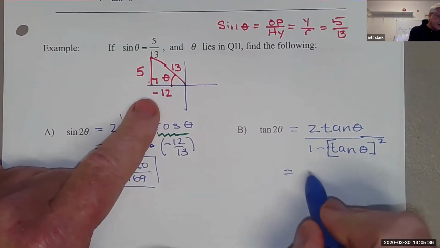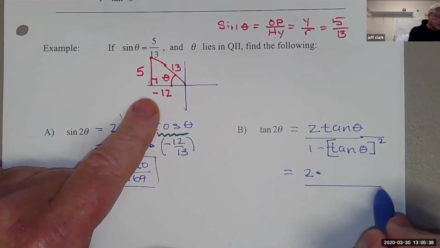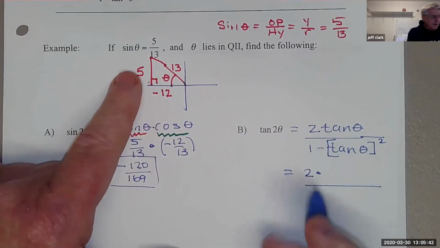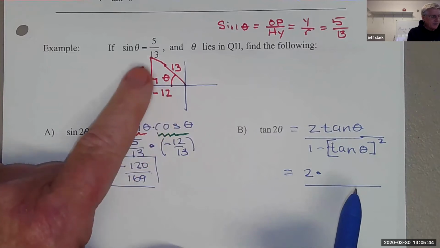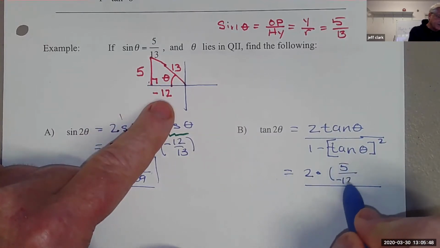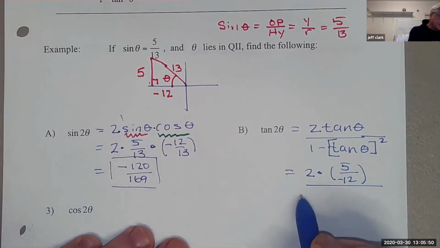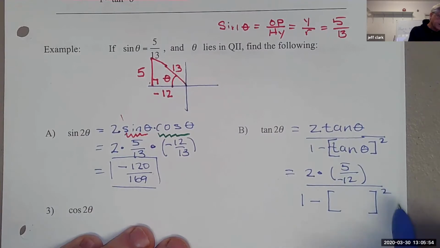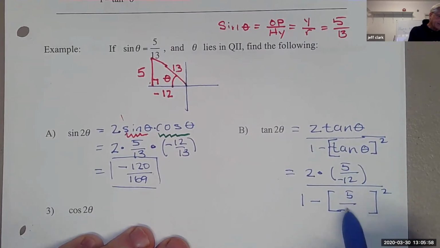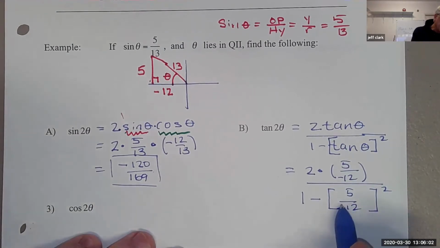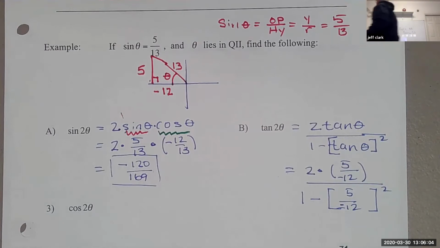This would be 2 times tan theta, which is opposite over adjacent, y over x, so 5 over negative 12. Then 1 subtract bracket squared, again 5 over negative 12.